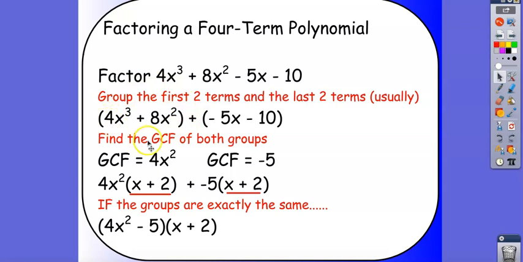Now, after you come up with your 2 groups, this is the first one, that's the second one, you're going to find the greatest common factor of the first group. I'll get my highlighter so you can see it. Looking at my first group, you want to find its greatest common factor.